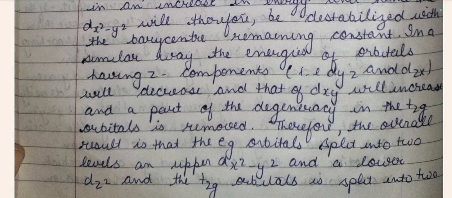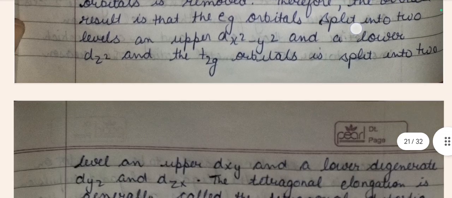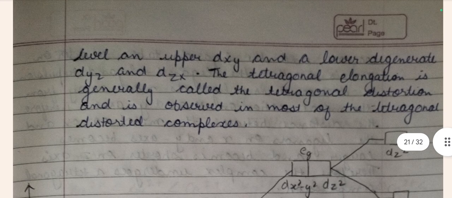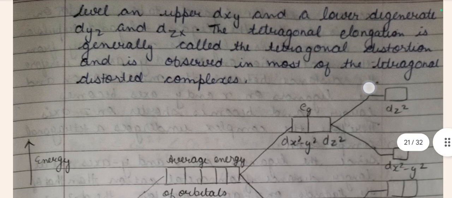Therefore, the overall result is that the Eg orbitals split into two levels, upper dx square minus y square and lower dz square, and the T2g orbitals split into two levels, an upper dxy and a lower degenerate dyz and dzx. The tetragonal elongation is generally called a tetragonal distortion and is observed in most of the tetragonally distorted complexes.